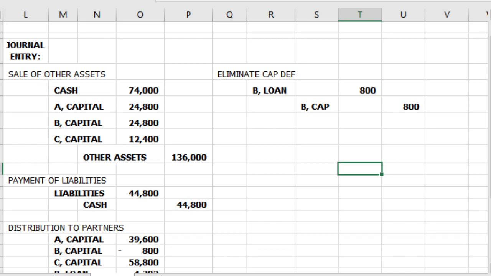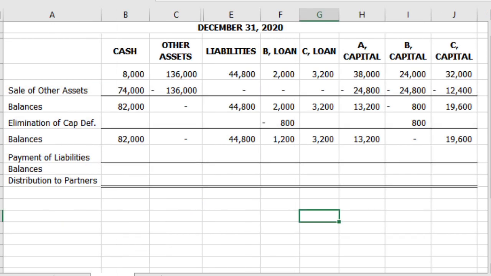So, debit tayo ng B loan, 800, and then credit tayo ng B capital of 800 pesos. So, again, kunin na natin yung kanilang balances after na ma-eliminate yung capital deficiency. So, all other accounts na hindi nagalaw, the same pa din. And then, yung B loan magiging 1,200 and the B capital is magiging 0.